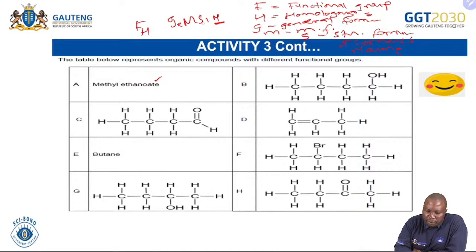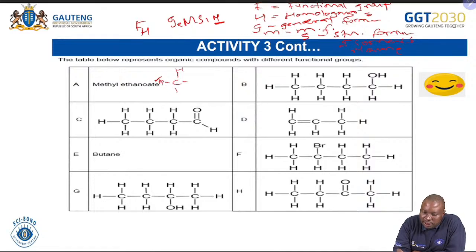So for the structural formula, you know methyl is a carbon, but it doesn't have 4 hydrogens, it has 3. Remember, we said for it to be methyl, it means one hydrogen has been removed.